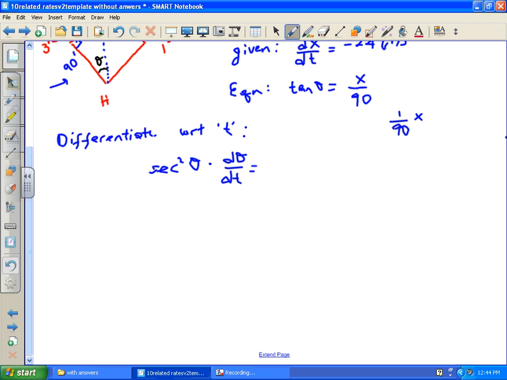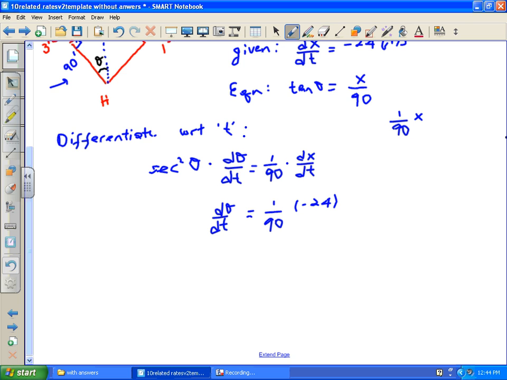So the derivative will be 1 over 90 times dx dt. And we know what dx dt is, so let's go ahead and fill that in. Dx dt was negative 24 feet per second. We are trying to find d theta dt, so I will leave that in the equation.